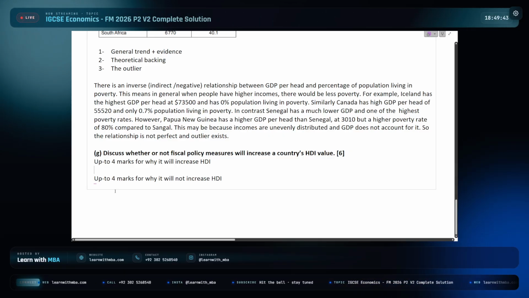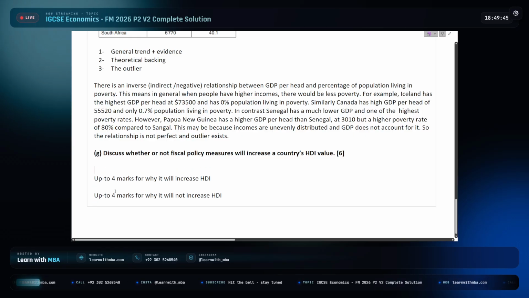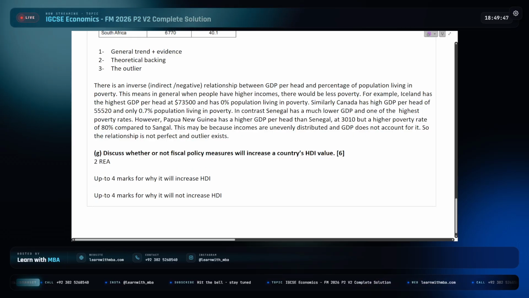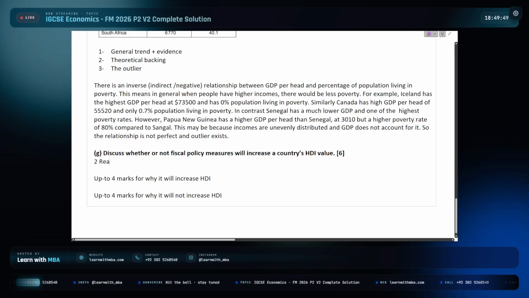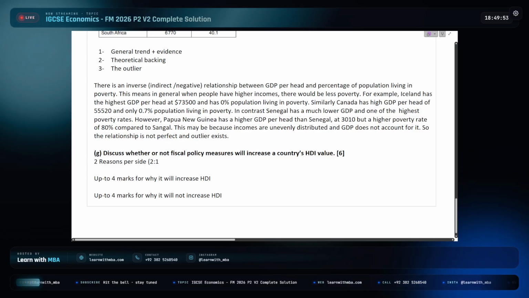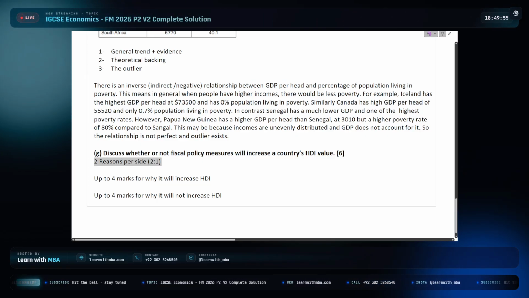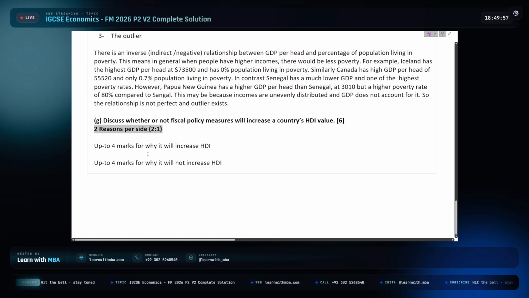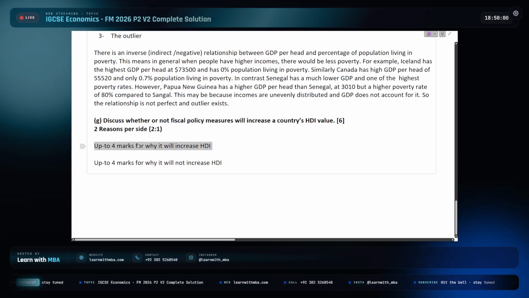Understood? And the general method is two reasons per side, or you can also adopt a 2:1 as well. But on the safe side, I would say go for two reasons per side.